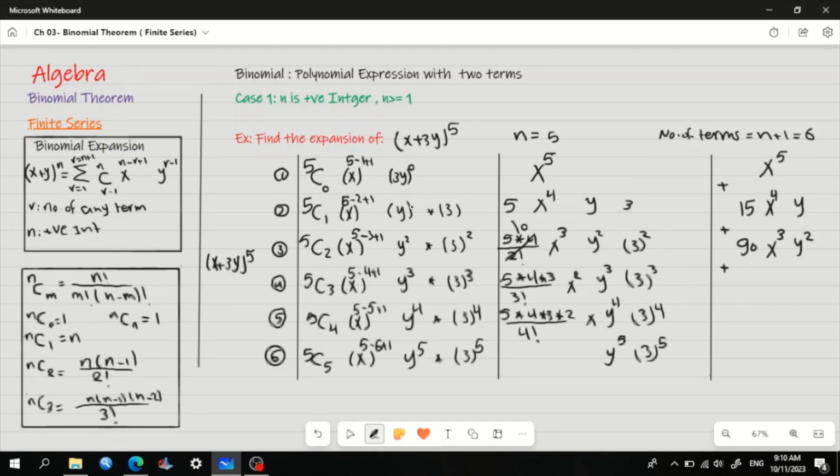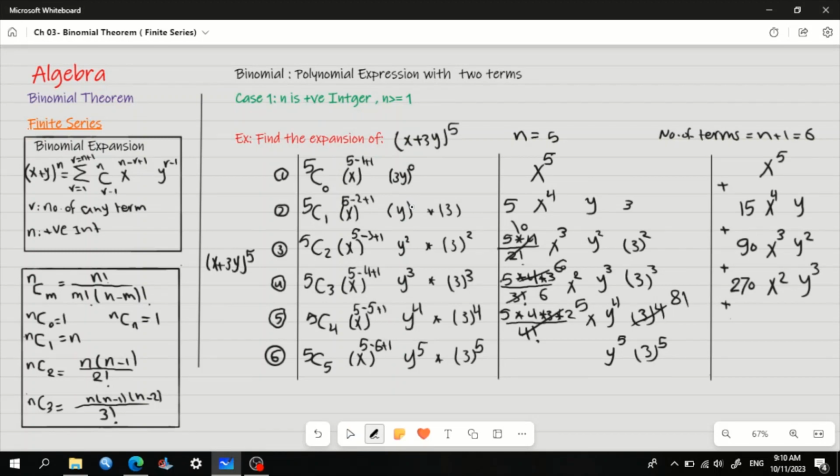here we have 5 into 4 into 3, so this is 60, and this is 6, so we have here 10 into 27, okay, the cube of 3, so we have here 270 x squared y cubed plus, here this equals to 81, and here this equals to 5, 120 by 24.